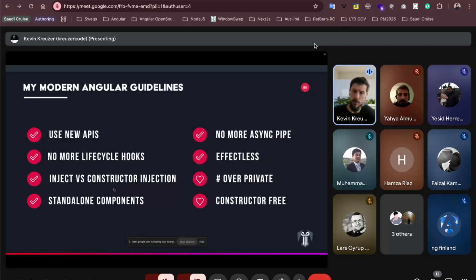Then standalone components, of course, no more async pipe, effectless. And then we have the two which are just personal preferences: hashtag over private. If you feel like private is the way to go for you, go with private, perfectly fine. And also, if you think, I like constructors, I need constructors, then sure, go with constructors.